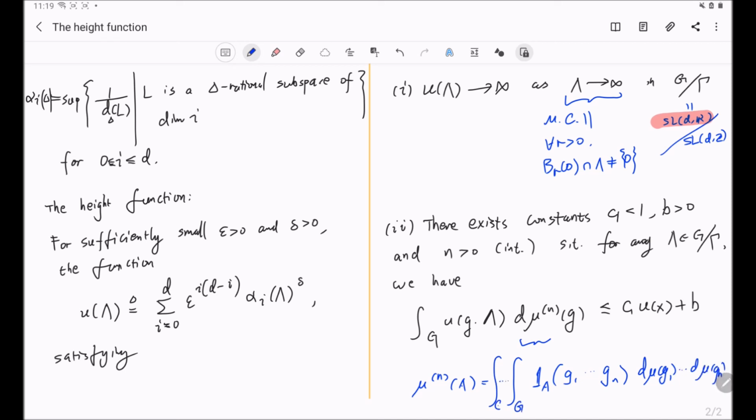This is integrated over the product space. By Fubini's theorem, you can break this up into the iterated integration.